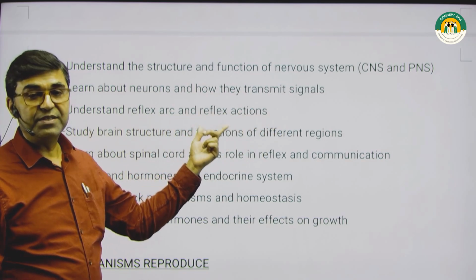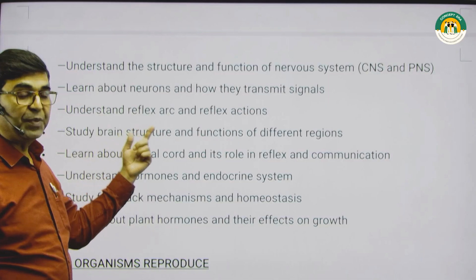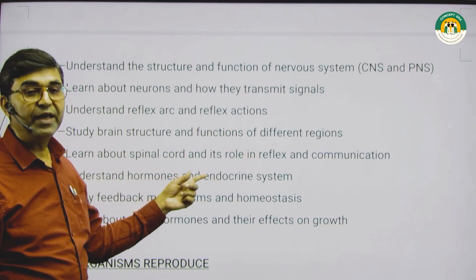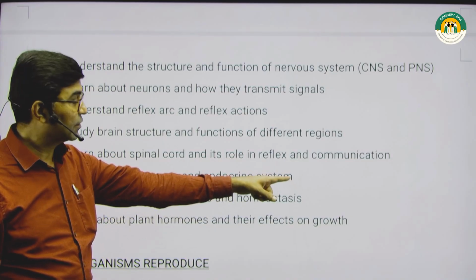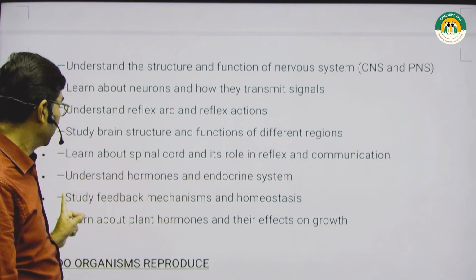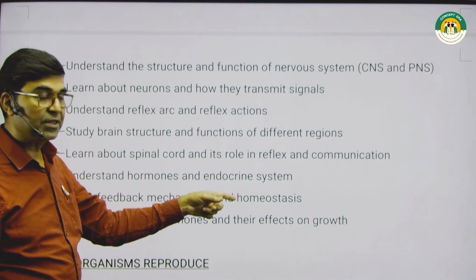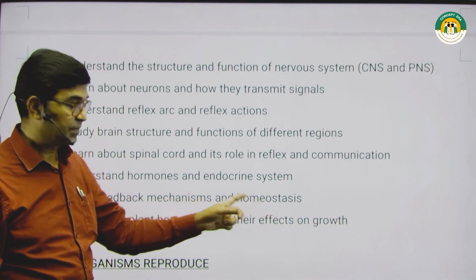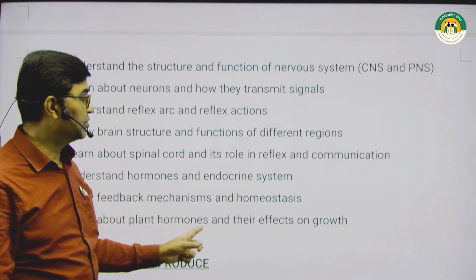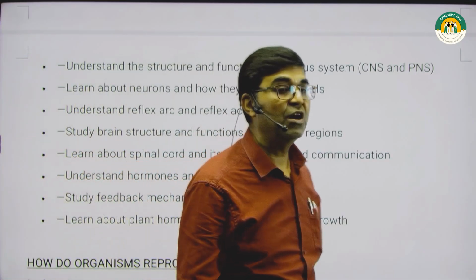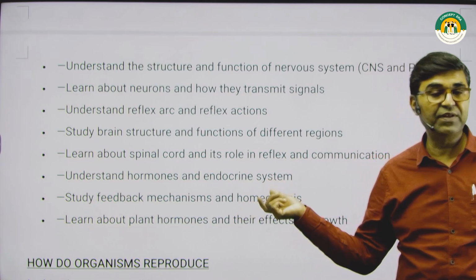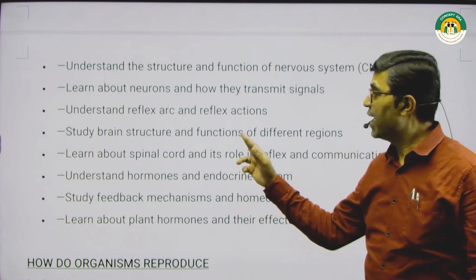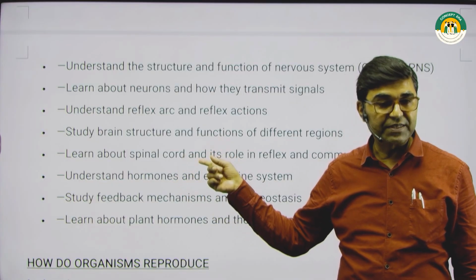Understand reflex actions and the reflex arc, the brain structure and the functions of different brain parts, spinal cord and its role in reflex actions and communication, hormones and endocrine system, feedback mechanism and homeostasis. Learn about plant hormones and their effect on growth. So you have to concentrate on plant hormones as well as animal hormones and sensory and motor nerves and reflex action and reflex arc.